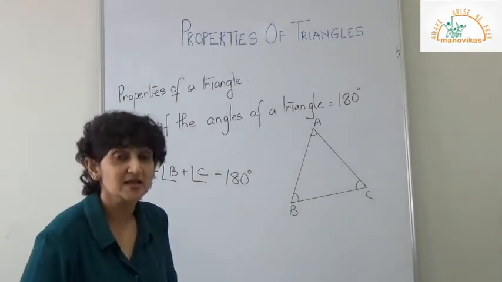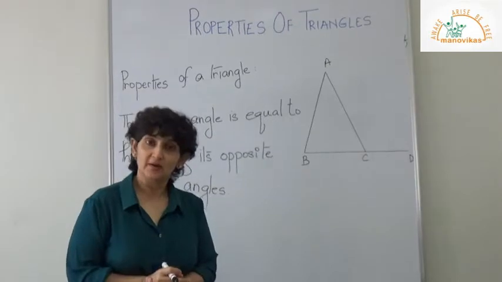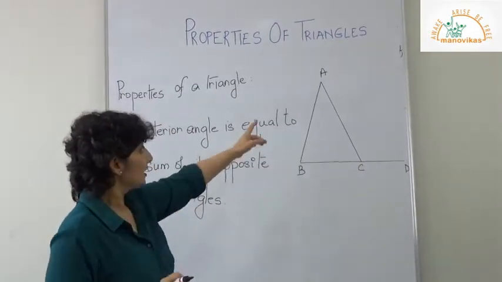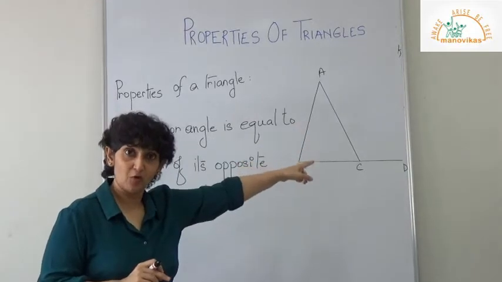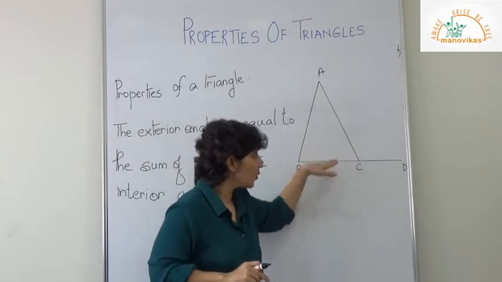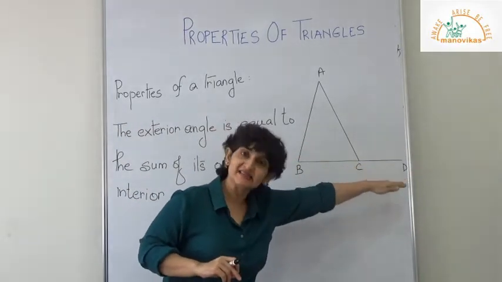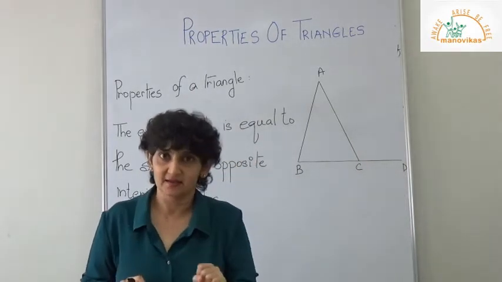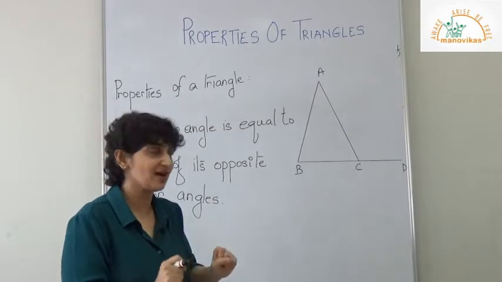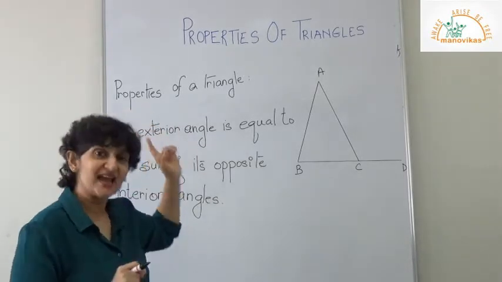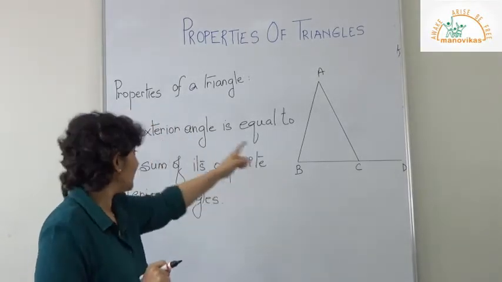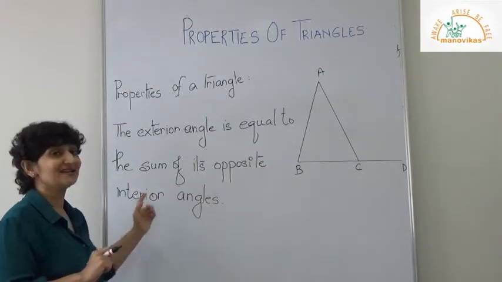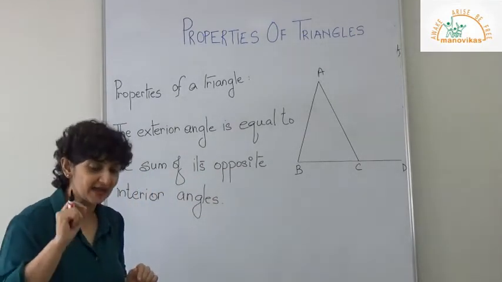Now let's see the second property. You've seen this triangle before and we just understood that when your line extends, then you get an exterior angle. So let's see how we apply it with triangles. It says the exterior angle is equal to the sum of its opposite interior angles.